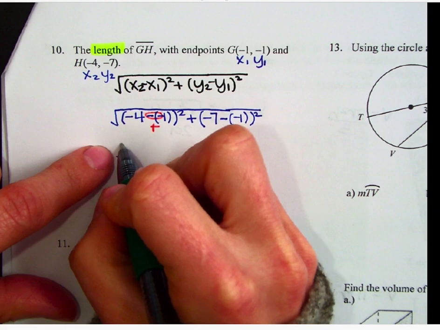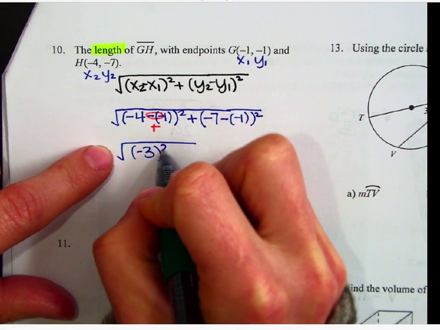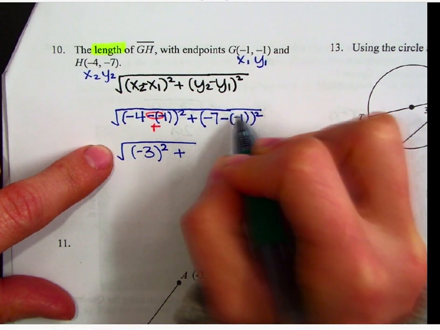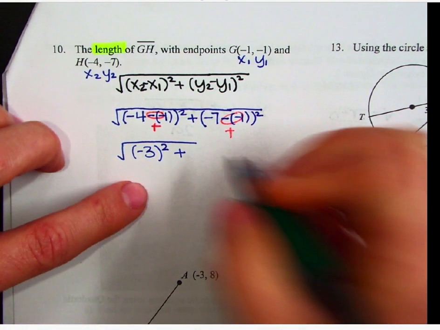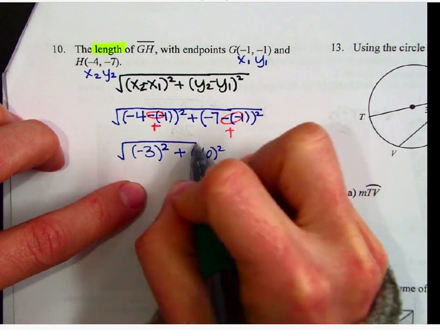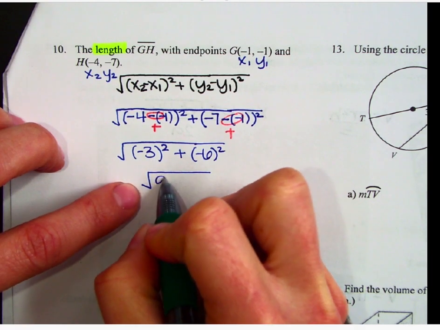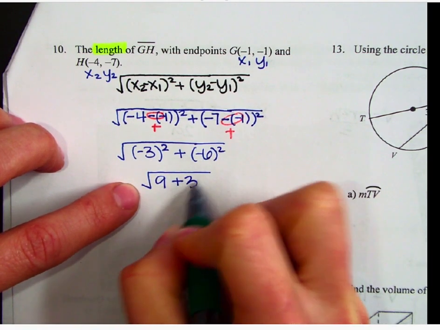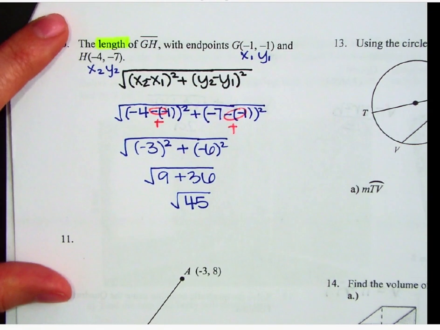So -4 plus 1 gives us -3. And then again, same thing happens here. This is -7 plus 1. That's -6. So then when I square each of these numbers, -3 squared is 9, -6 squared is 36, and 9 plus 36 is 45.